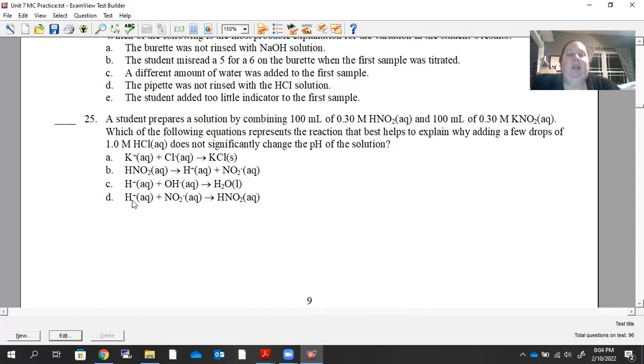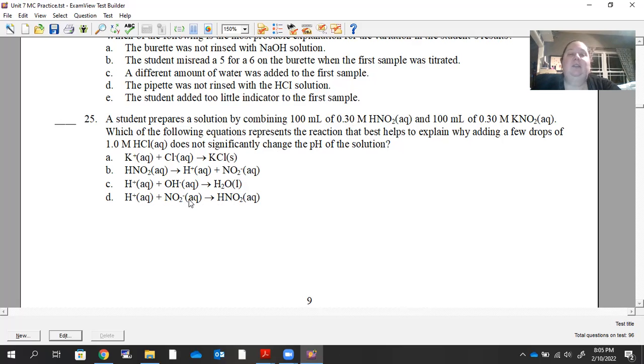But by having that H plus react with the conjugate base and form that acid, both that conjugate base and that acid are already in the equilibrium that exists from this buffer that we made.